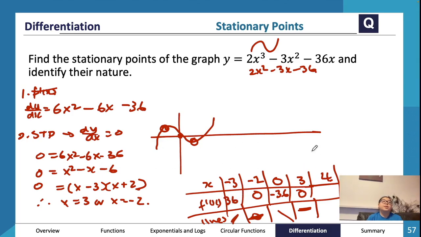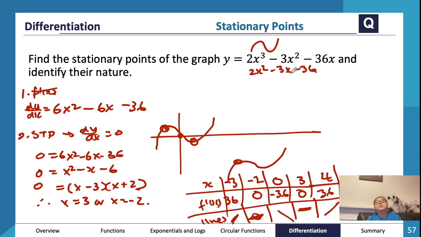And then we're going to sub in 4, so 4 squared is going to be 16, 16 times 3 is 48, so that's 96, then minus 24 is going to be 72. Once again, it's positive here, so it's going to go up as well, and we can see up, down, up. So once again we get the local max and then local min as well.